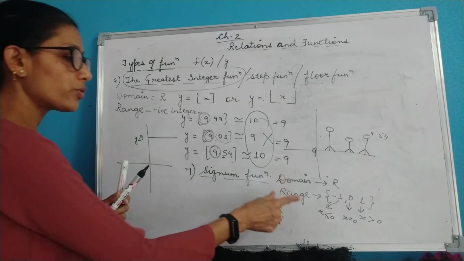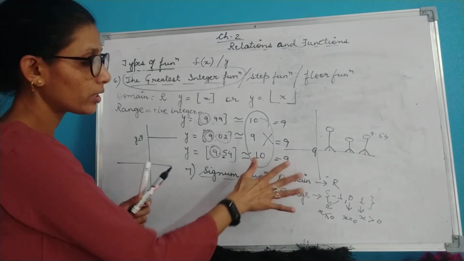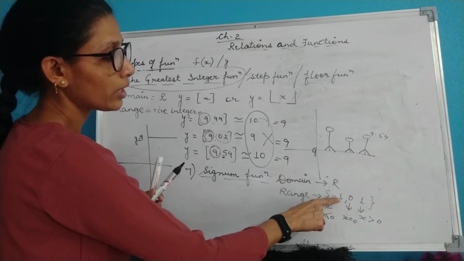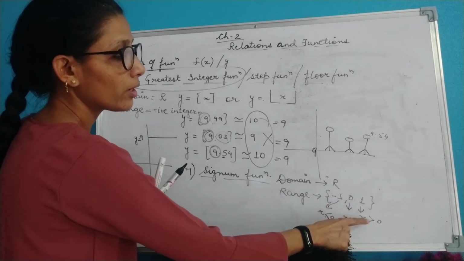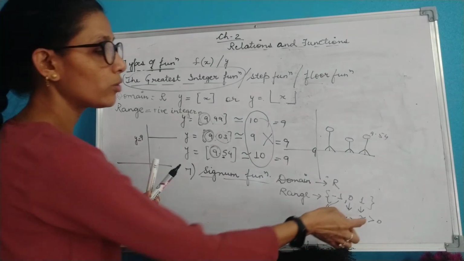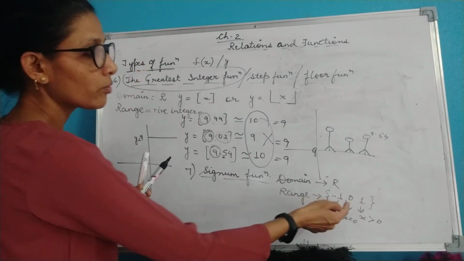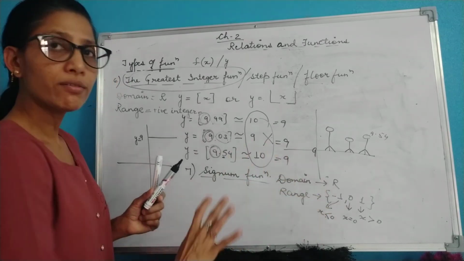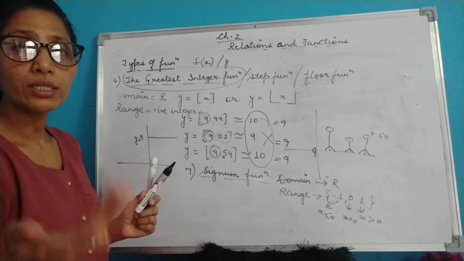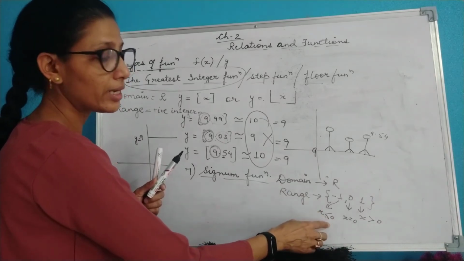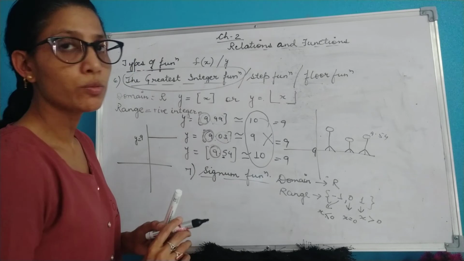This is the restriction over range. When x is greater than 0, for all the positive values it will always be 1. For x equal to 0 it will be 0. For all the negative values, maybe -1, -100, -40, whatever, if x is less than 0, then your range is -1.